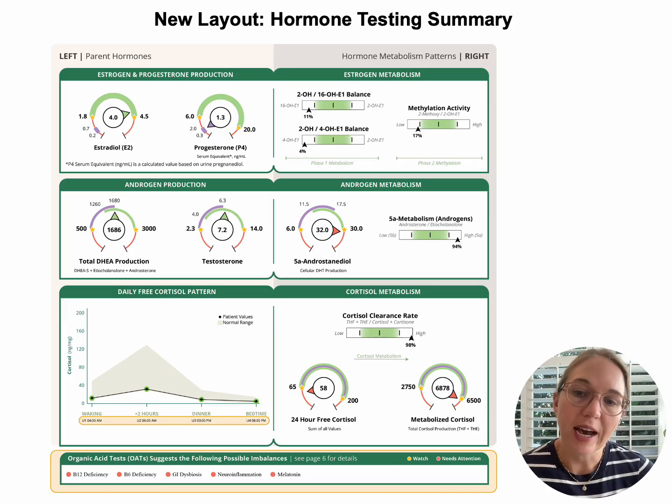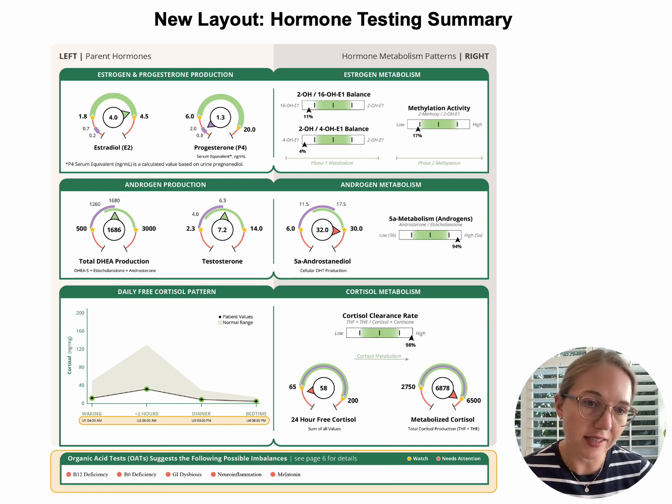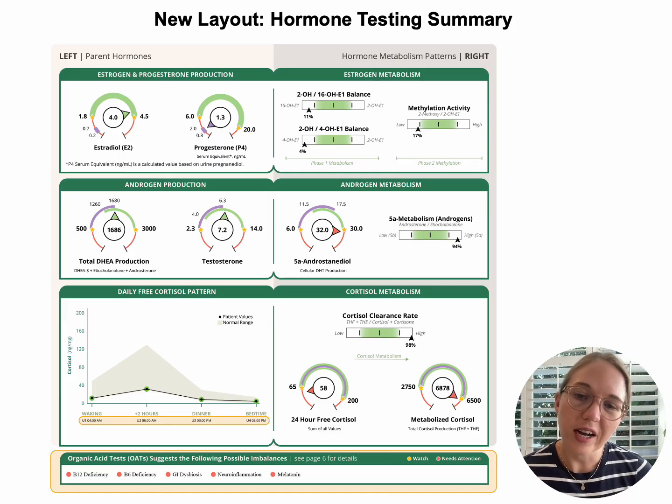The updated summary page includes a new estrogen metabolism section, showing phase 1 and phase 2 estrogen metabolism ratio, the 5 alpha metabolism slider for androgens, and also new features, including the addition of patient collection times on the x-axis, as I mentioned previously. Those are reflected on the free cortisol diurnal pattern on the graph.